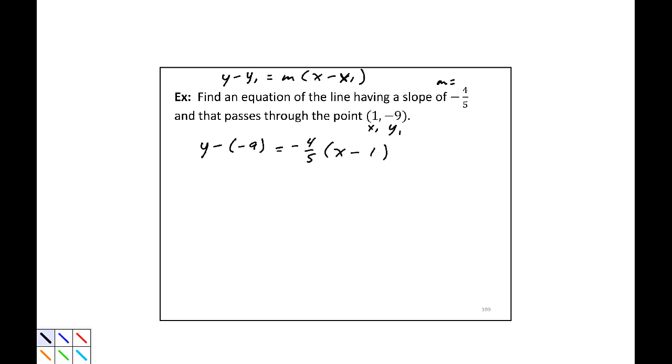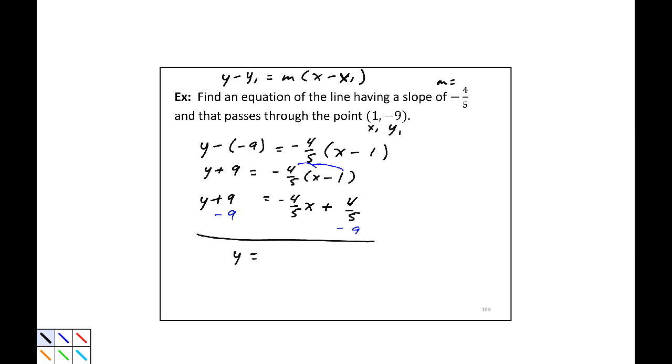Now I will rewrite this as y plus 9. Then we'll distribute our -4/5. So -4/5 x plus 4/5, two negatives, equals y plus 9. And then we will subtract 9 from both sides. Now because we're dealing with a fraction here, we need to make sure we have a common denominator.